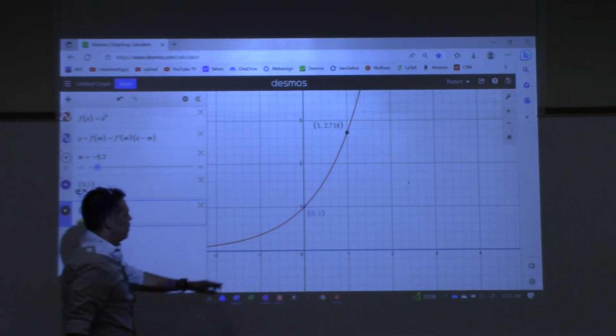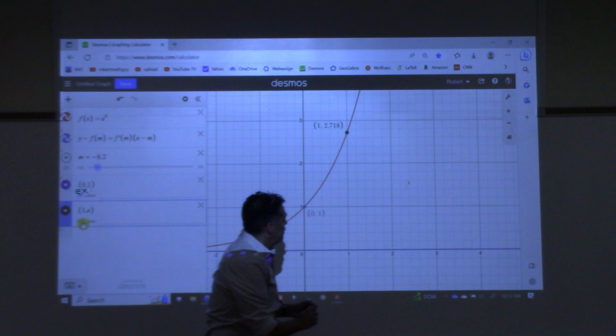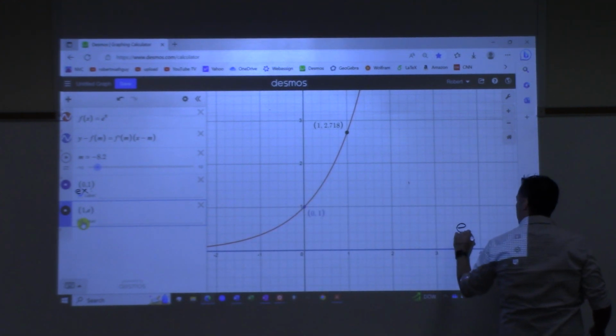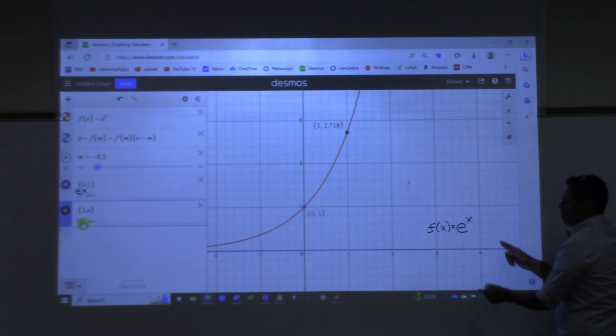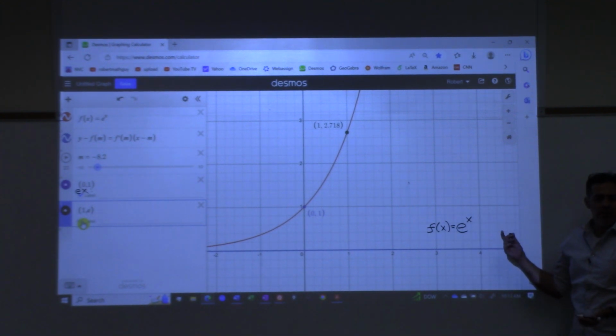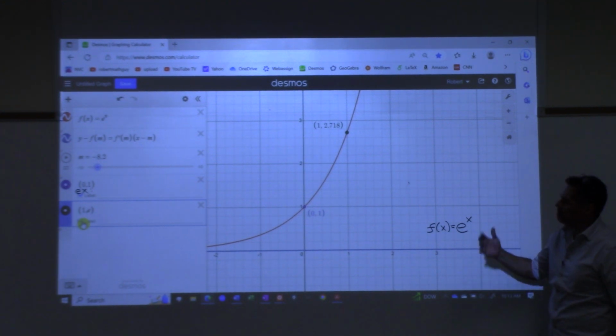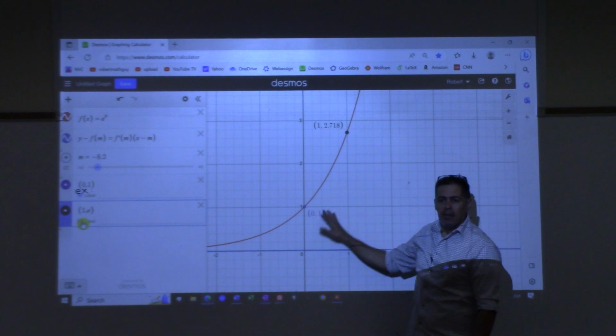Okay? If you plug in 0 into this function, you get e to the 0 is 1, right? If you plug in 1, e to the 1 would be about 2.718. You could do that on your calculator, or just believe me, right?